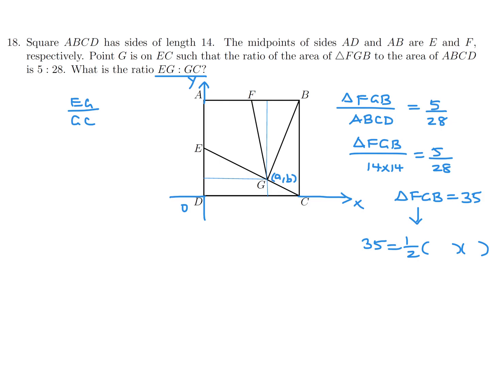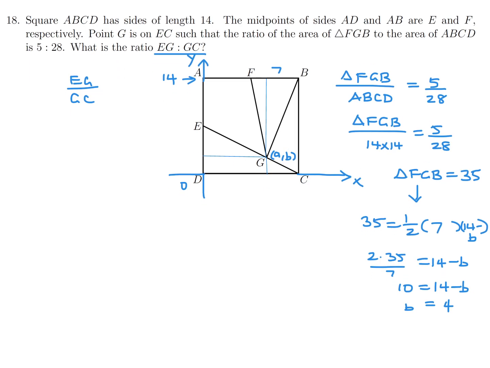Yeah, so that's 7. And the height, since this corresponds to 14, it would be 14 minus B. So 2 times 35 over 7 is 14 minus B. So that's 10 is equal to 14 minus B. So B is equal to 4. Okay, not sure if that helps, but I wanted to figure that out.